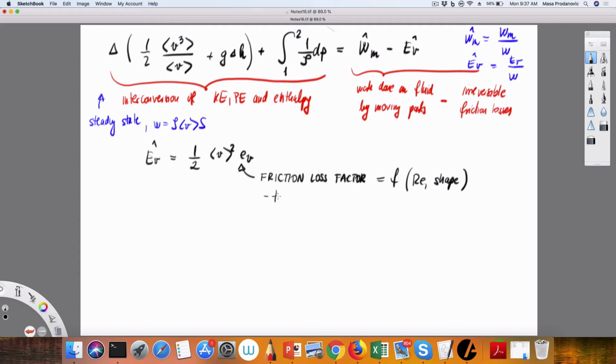And it's typically tabulated in some shape or form. So one example, for a straight tube, EV is the length of the tube divided by hydraulic radius times friction factor. And friction factor we're familiar with.